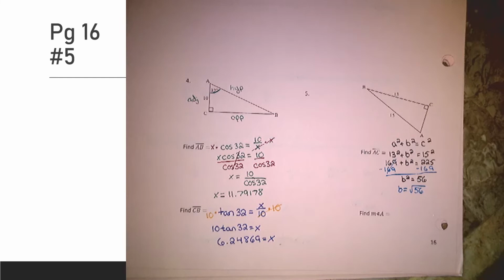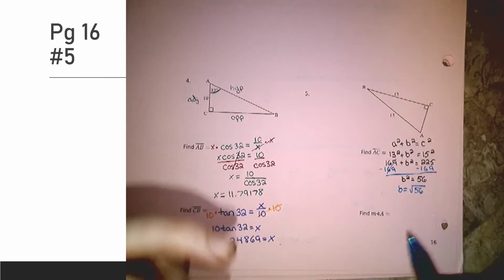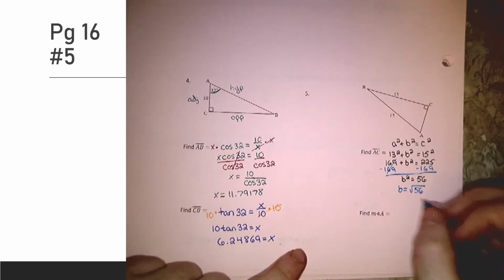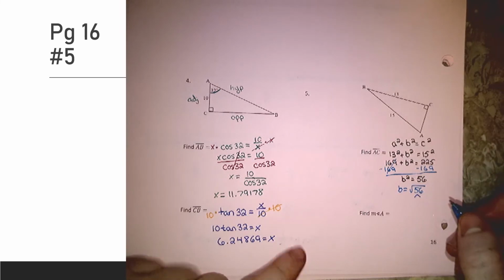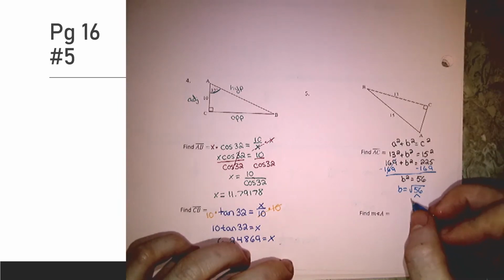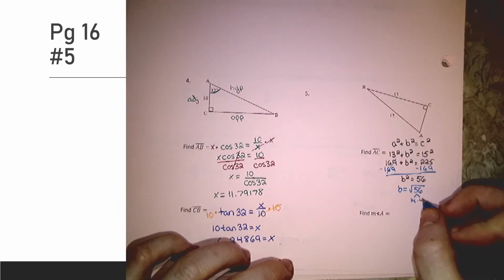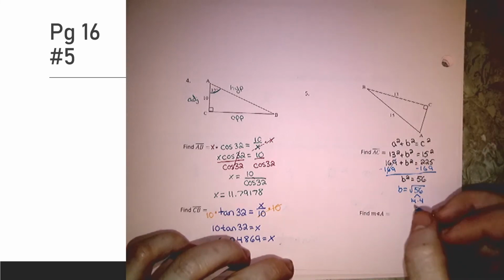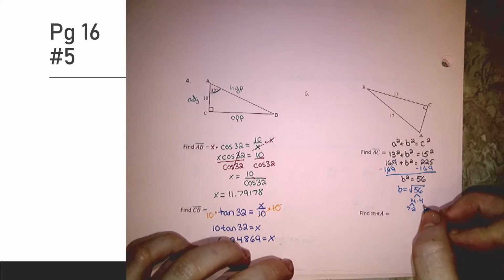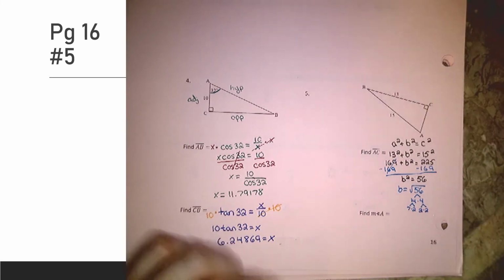Alright, so now that we have the square root of 56, let's put it into the simplified radical form. So the way we do that, if you remember, we find our multiples of the number, in this case 56. So I'm going to do 14 times 4. Now 14 can be broken down to 7 times 2, and 4 can be broken down to 2 times 2.